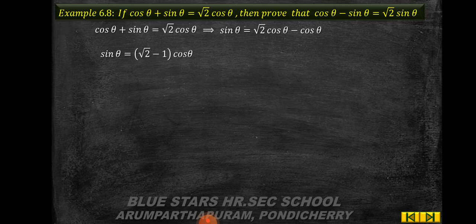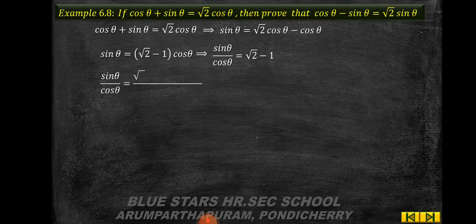We are taking cos theta to the right hand side. So from both terms we take cos theta common out. We get sin theta is equal to root 2 minus 1 into cos theta, which implies sin theta by cos theta is equal to root 2 minus 1.